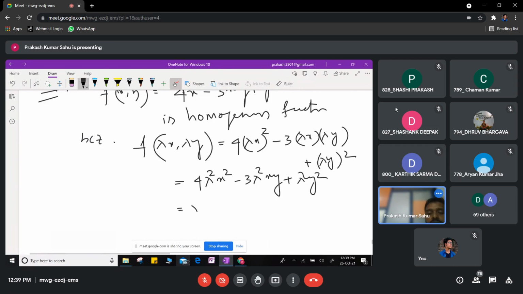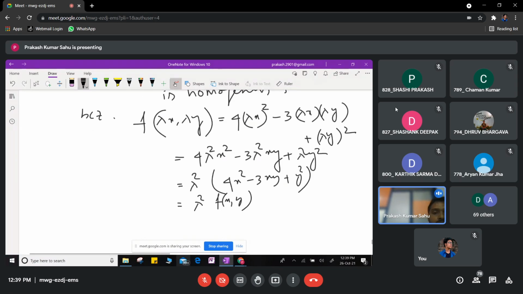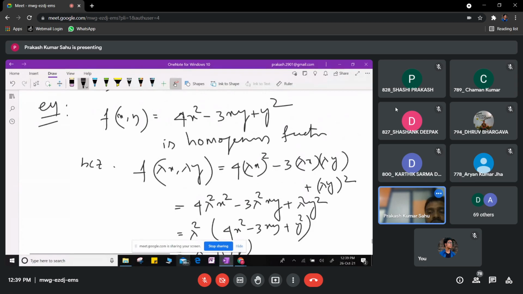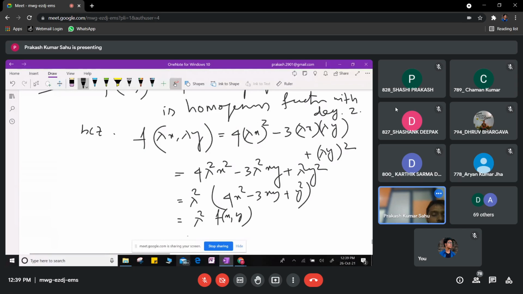Taking lambda square common, again this is 4x square minus 3xy plus y square, which is lambda square into f of x, y. So this is a homogeneous function with degree 2, because lambda square is there.